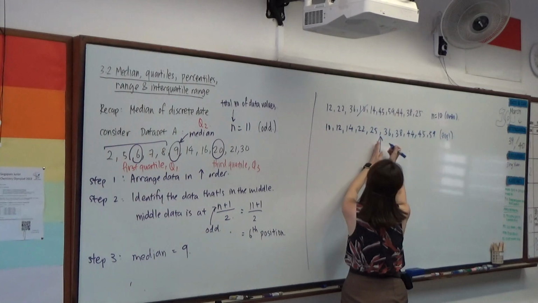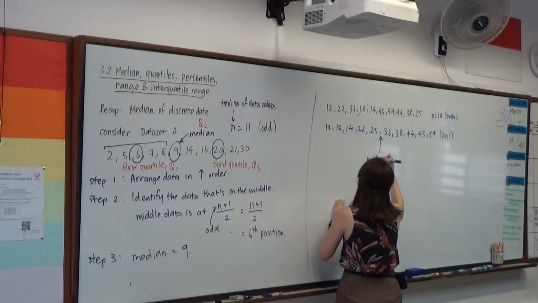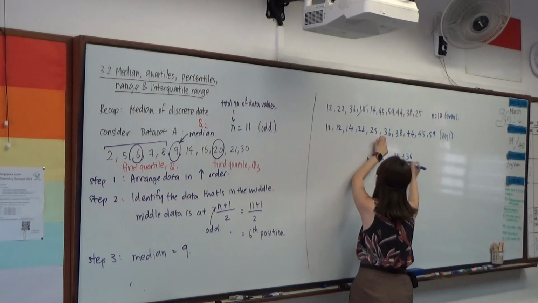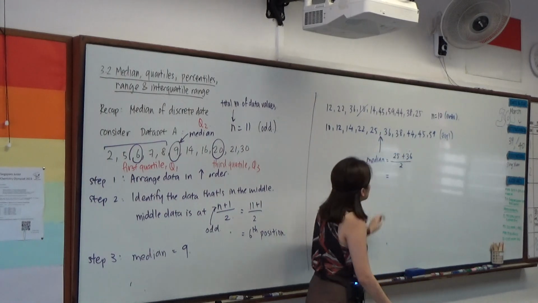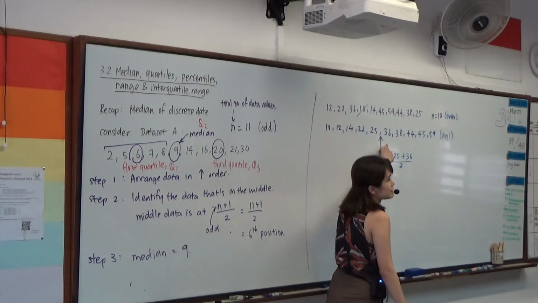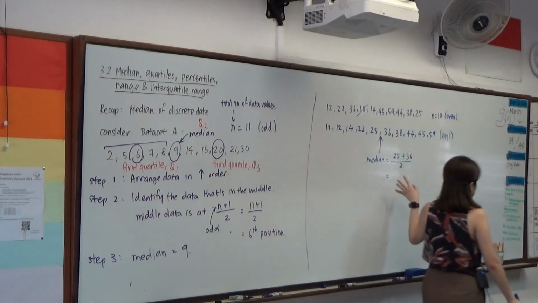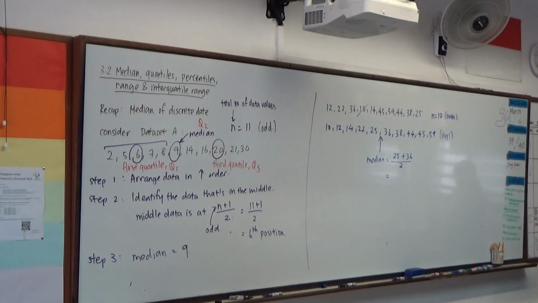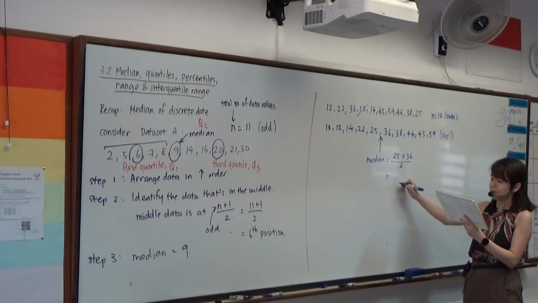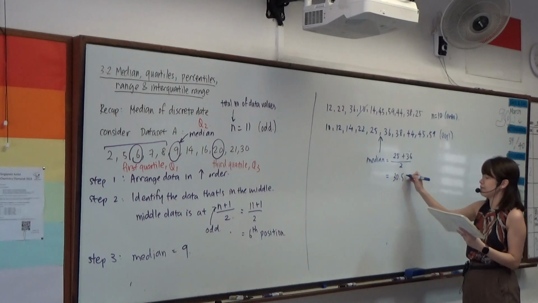The one in the center will actually take the sum of the left and the right divided by 2. So it is in the middle of 25 and 36. I will have to calculate the median by taking 25 plus 36 divided by 2, and that is 30.5.